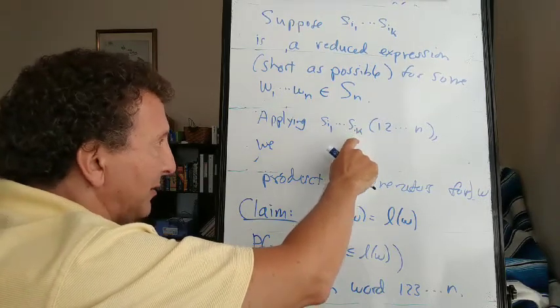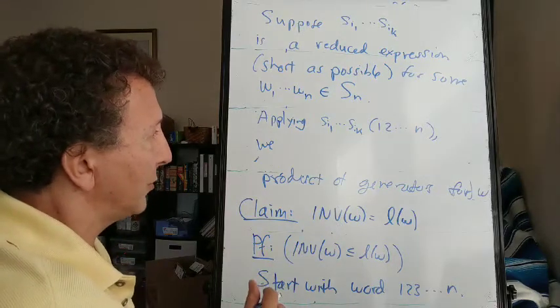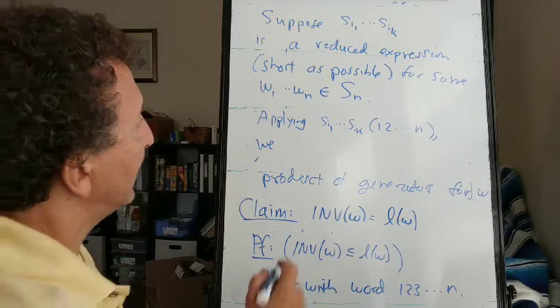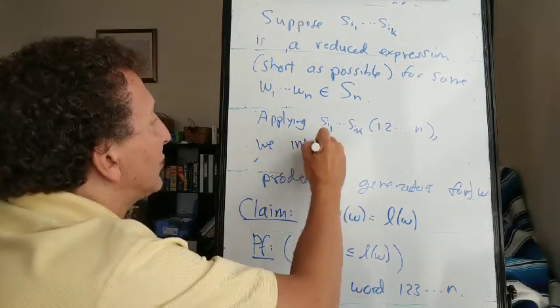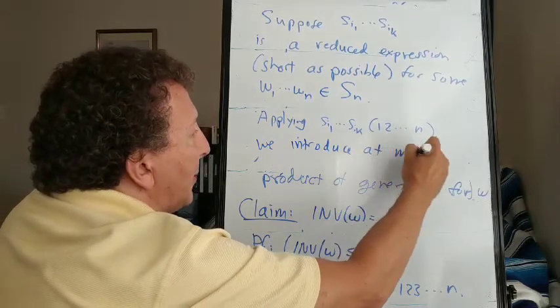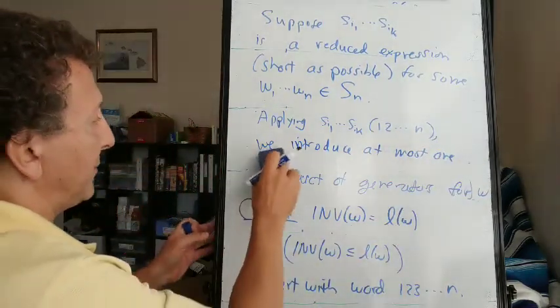At every step, at worst, we take one pair of new letters and put them out of order. So we introduce at most one new inversion at each step.